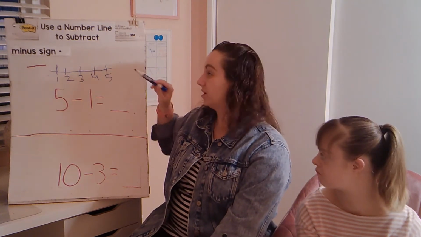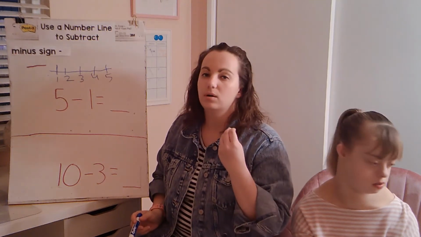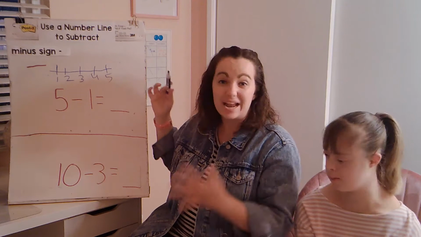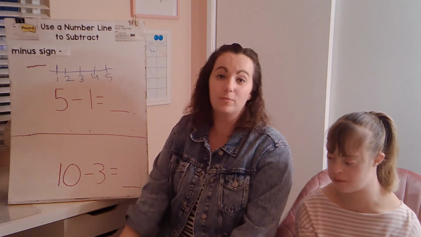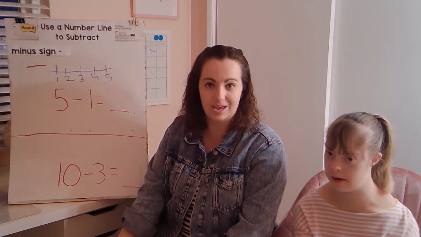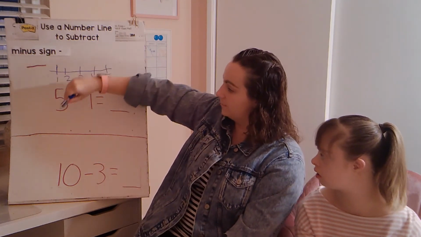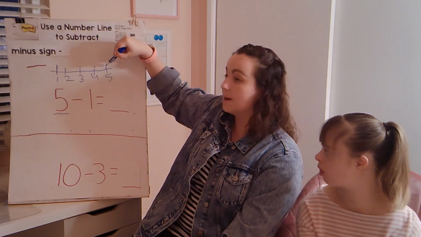Does mine look exactly perfect like our textbooks or computer-made problems will give us? No, but that's okay. I can still see my numbers, and it's still going to help me with my subtraction problem. Just like we've been doing, I'm going to start with the number I'm subtracting from. I find that 5 on the number line.